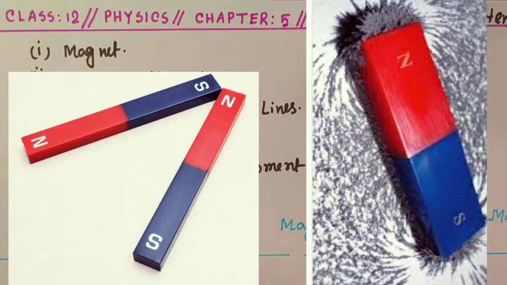A magnet is a material or object that produces a magnetic field. The magnetic field is invisible but is responsible for the most notable property of a magnet. So magnets are of two types: one is natural magnets and the other is artificial magnets.